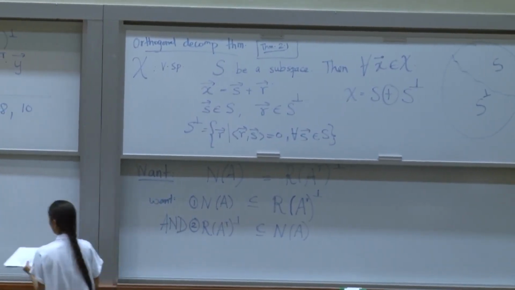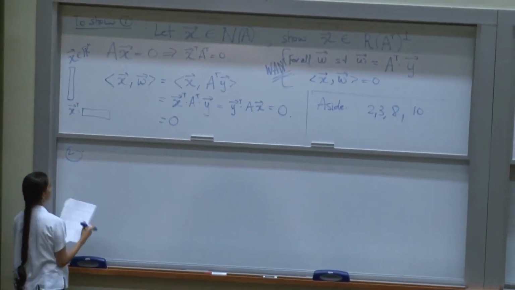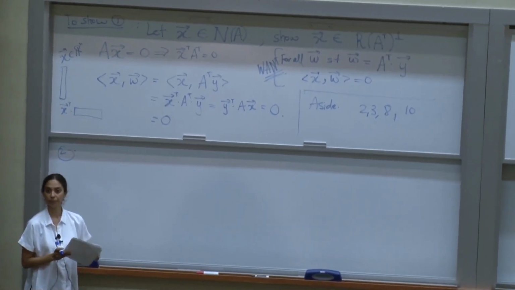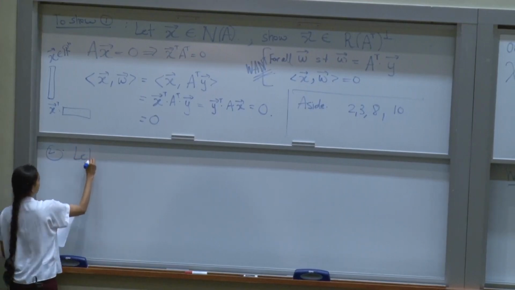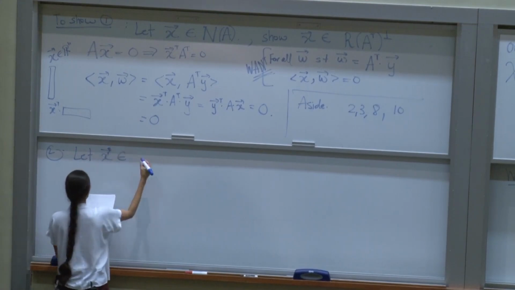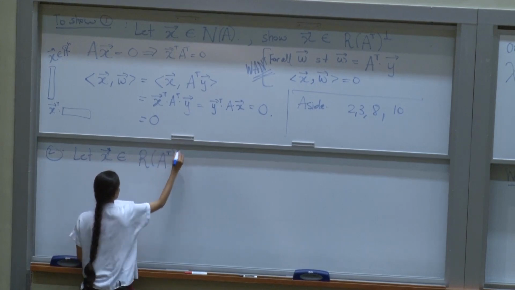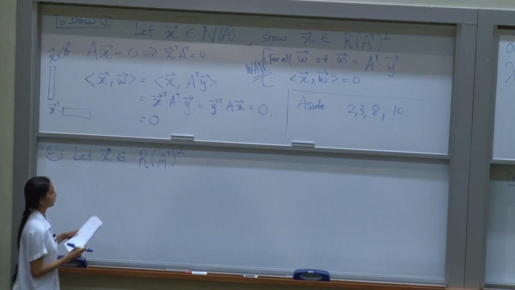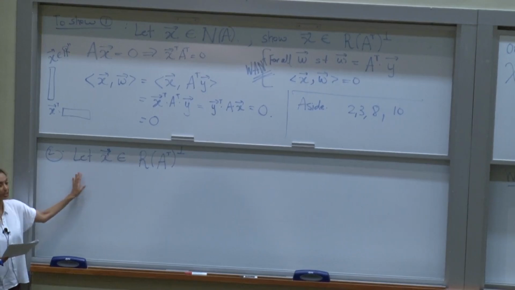So any ideas on how to show the other direction? So let's start. Let's consider some x that belongs to the range space of A transpose perpendicular, right? So what does this tell us?